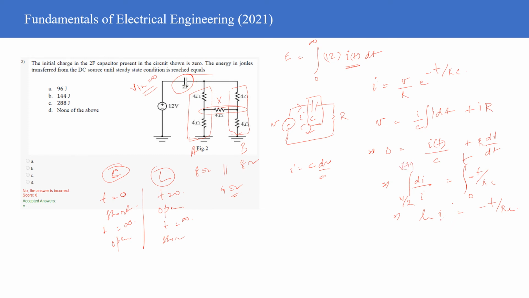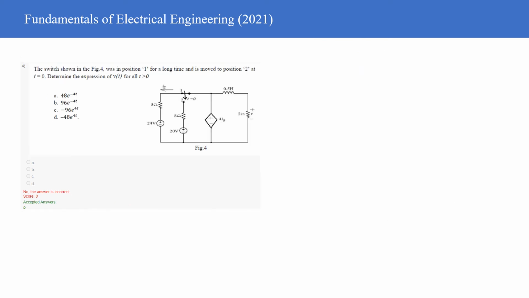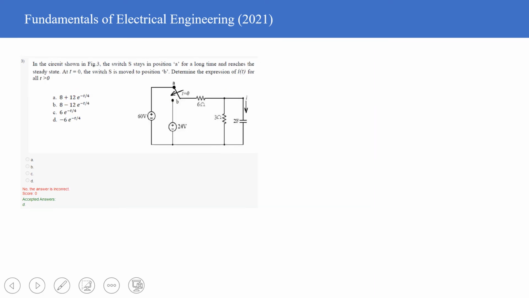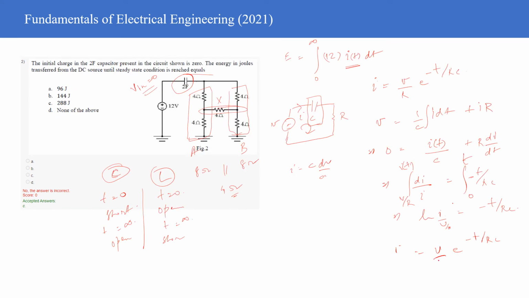So this is nothing but V by R, and you can write from here that I is equal to e to the power minus t by RC times V by R. So you got this expression from solving this KVL.